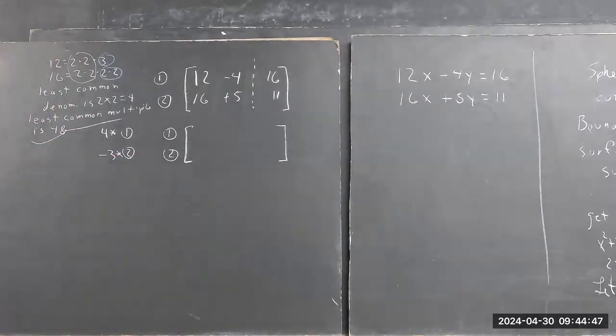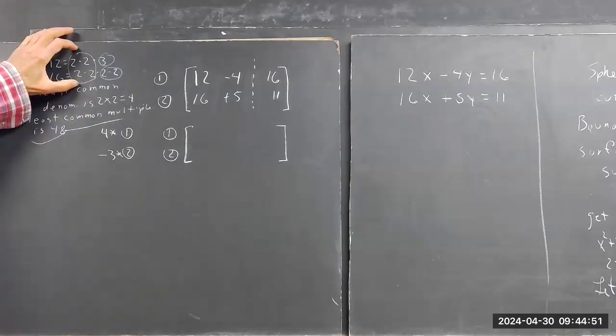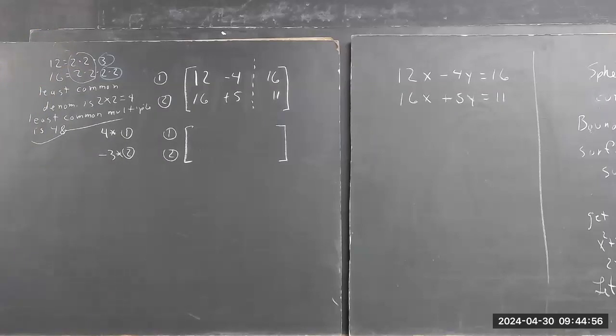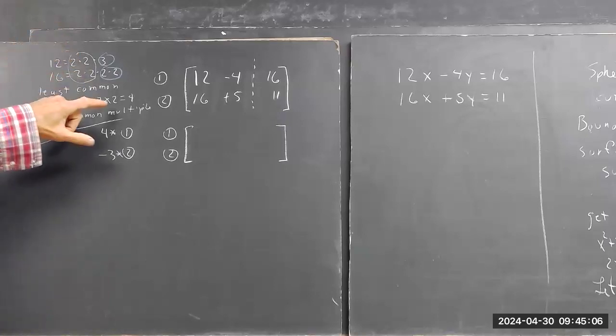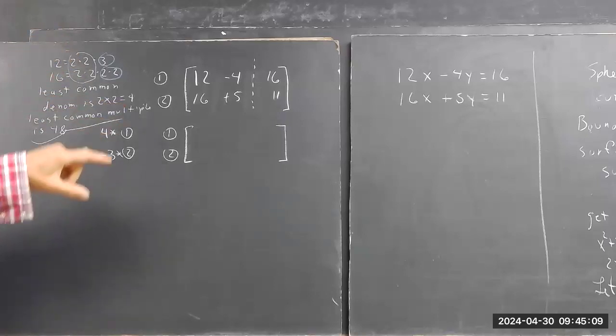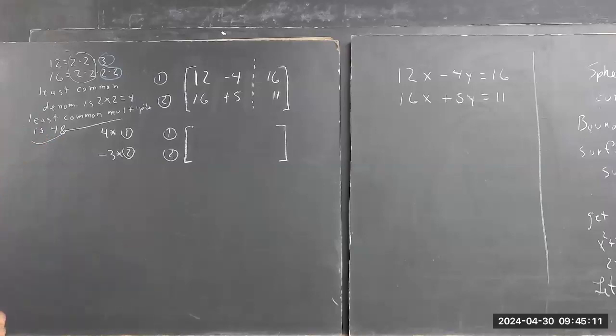First thing I do is I do the prime factorizations, and I notice that you have a common factor of 4. In other words, 12 is 2 times 2 times 3, 16 is 2 times 2 times 2 times 2. You have this common factor of 4, and the least common multiple is 48.